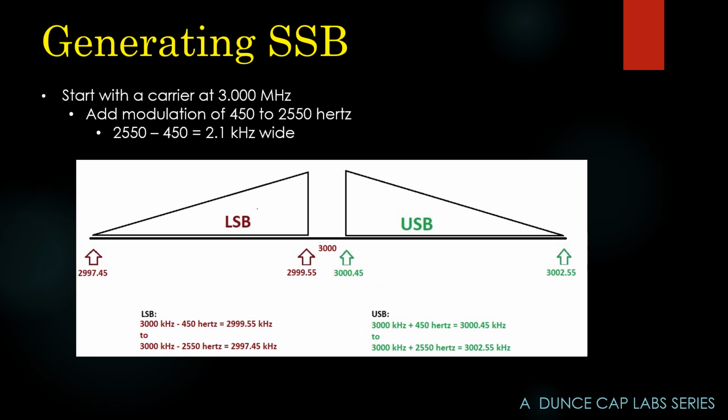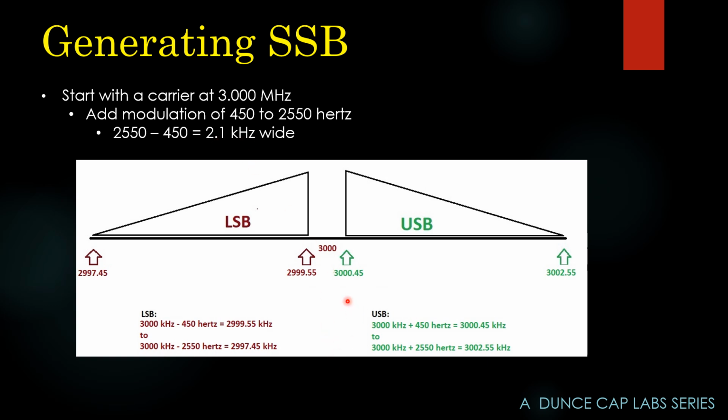And this is what the spectrum looks like coming out. First of all, notice there is no carrier. We've eliminated it. Let's say we have all of the audio frequencies from 450 cycles to 2,550 cycles. Let's just say we've limited ourselves to those frequencies. That's a bandwidth of 2.1 kilohertz.